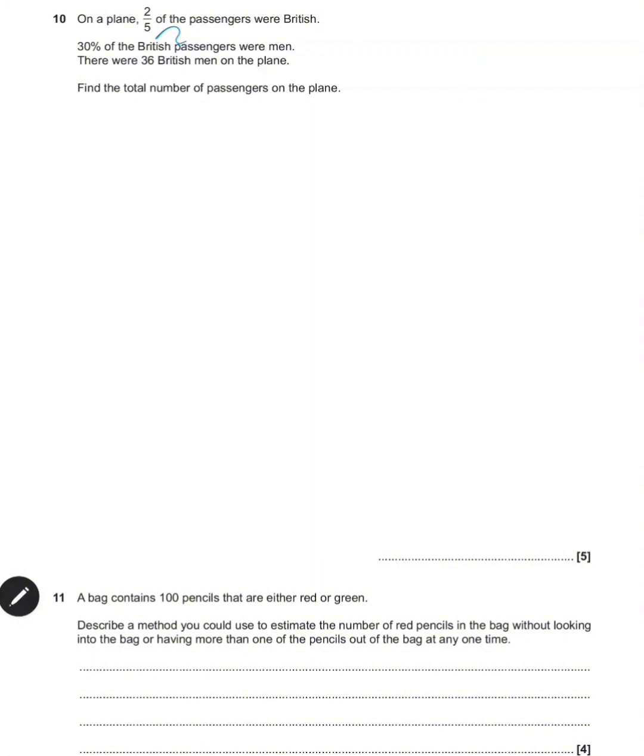Question 10, we've got some information about people on a plane, and it says 2/5 were British, and then it says 30% of the British were men. So I'm just going to write that down, 30% of the British, but wait a minute, 2/5 are British. So I'm going to say 30% of 2/5, they are the British men. If 2/5 are British and 30% of the British are men, 30% of 2/5 are British men.